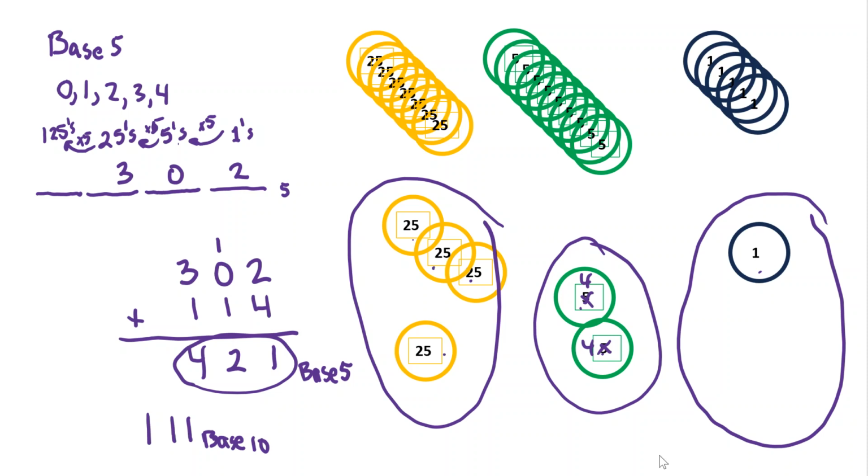Let's do an example in base 2, just to be sure that we know what's going on with base 2, because that's kind of an interesting one. Here's what I have in base 2. In base 2, I only have the digits 0 and 1. Remember, I stopped right before my base.